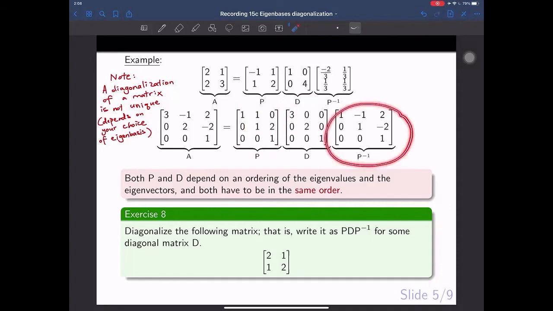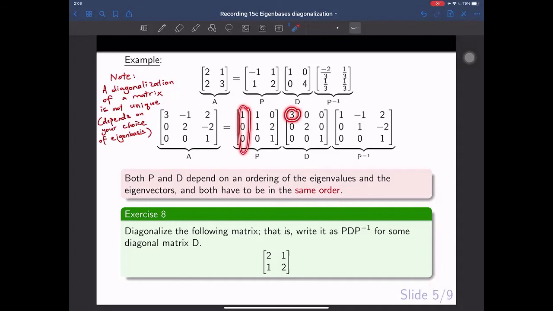And again, this matrix is just the inverse of P, and you can find that using the method we have learned before by row reduction. So note that P and D really depend on the ordering of the eigenvalues. So here I have to put this first vector here if I want this number 3 to be in the first column here.